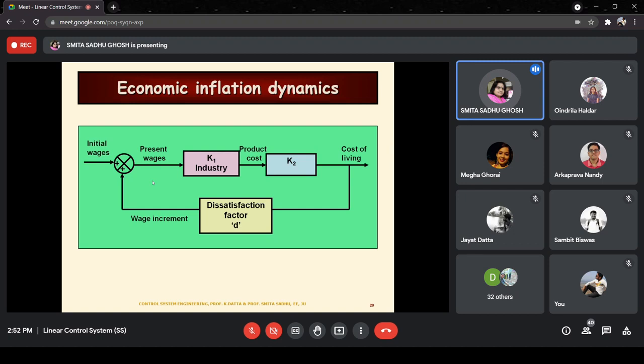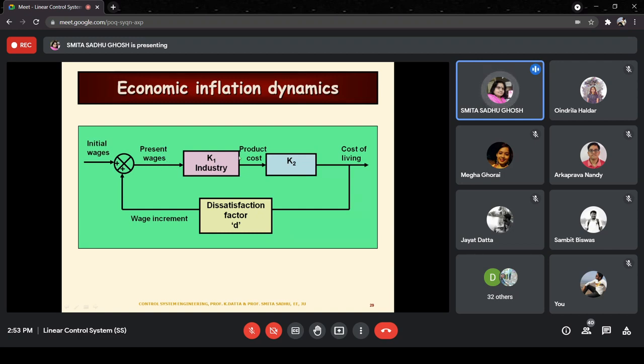Now, as a result of positive feedback, is there any end to this whole situation? The cost of living will keep on increasing, and that will keep on increasing the dissatisfaction. If the management yields, the present wages will again increase, and the present wages have to be paid by the industry.